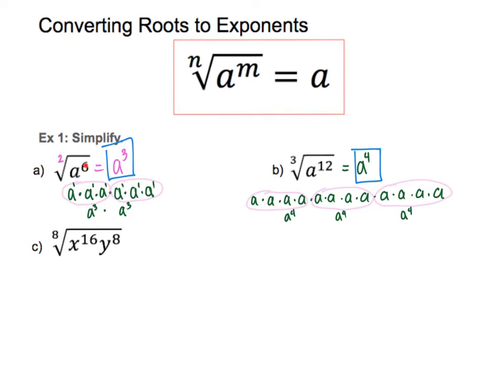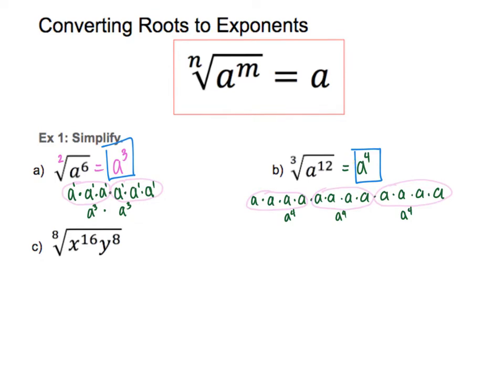So let's brainstorm here for a formula. So it looks like in this problem here, I basically took the 6 and I divided it by 2 to get that new exponent. And I did the same thing here. I took the 12, I divided it by 3, and I got a 4, right, as my new exponent.